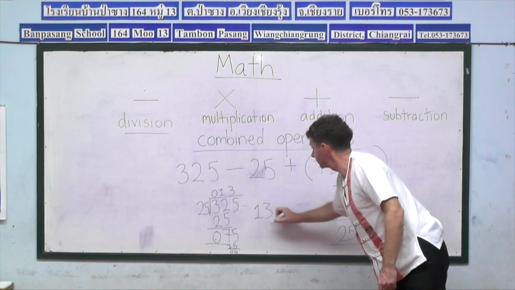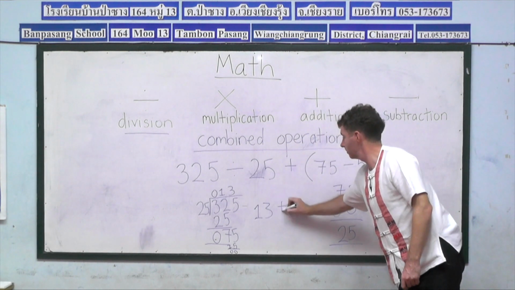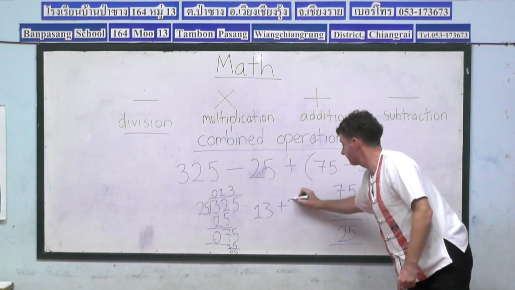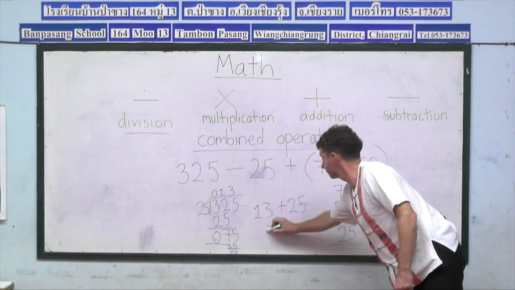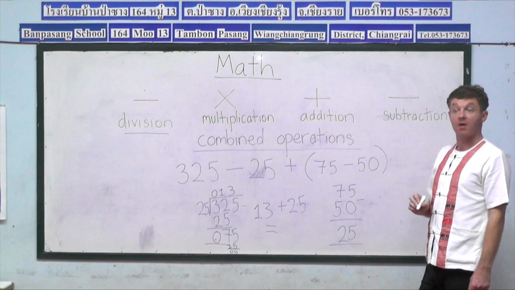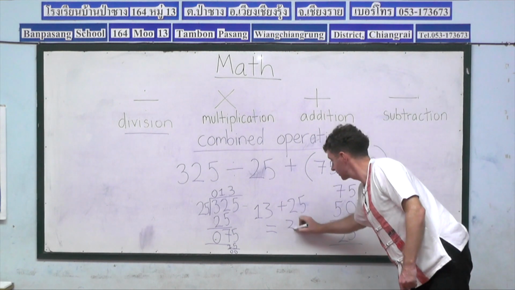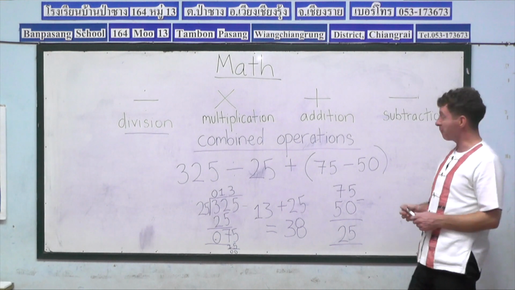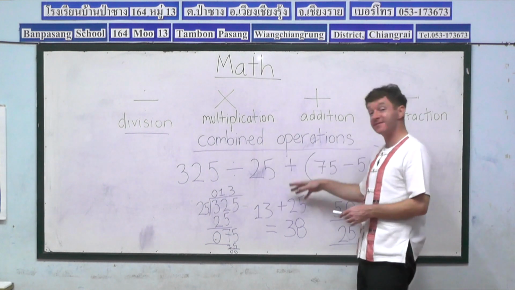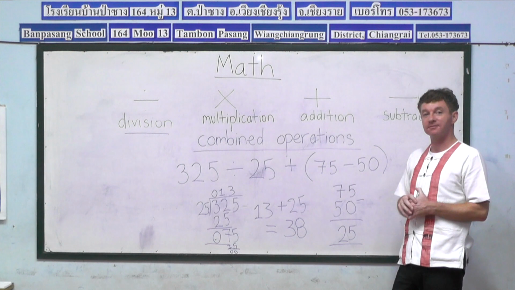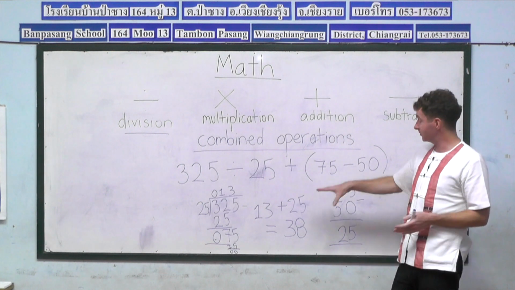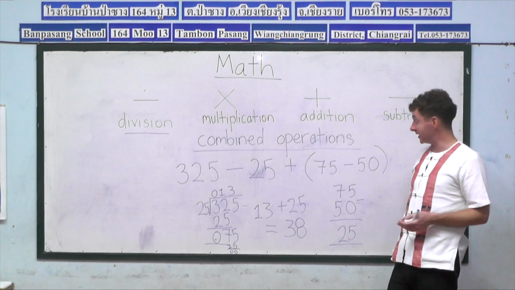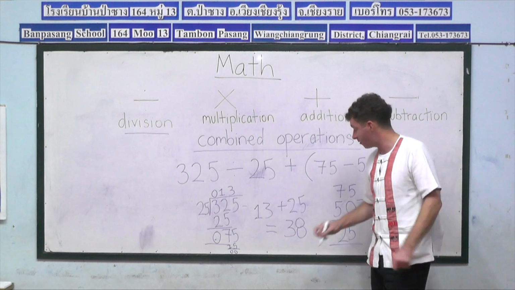So you see, a combined operation involving all of the different mathematical symbols, but not to worry, because if we just do them in the correct stages, we can arrive at the correct answer.